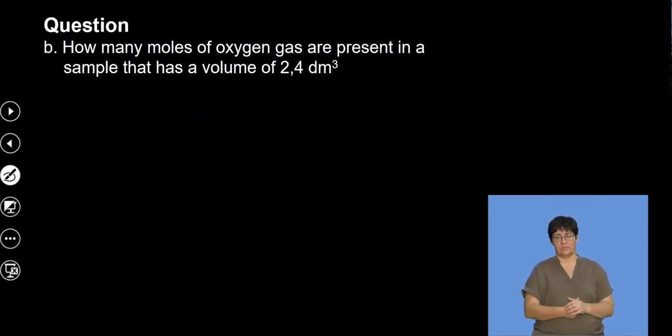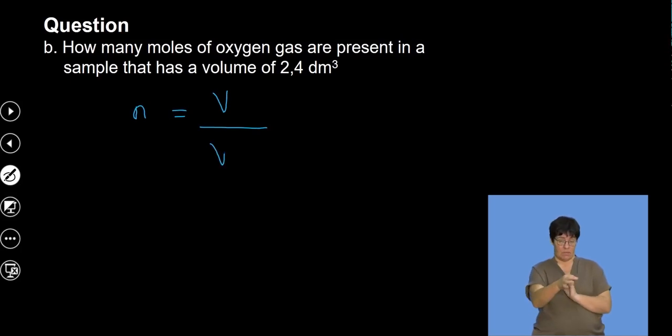And then, how many moles of oxygen are present in 2.4 cubic decimeters? We want the number of moles, and we're given the volume. We've got the volume of oxygen that it occupies, and we know that a mole occupies 22.4. So n equals the volume of the sample divided by the molar gas volume.